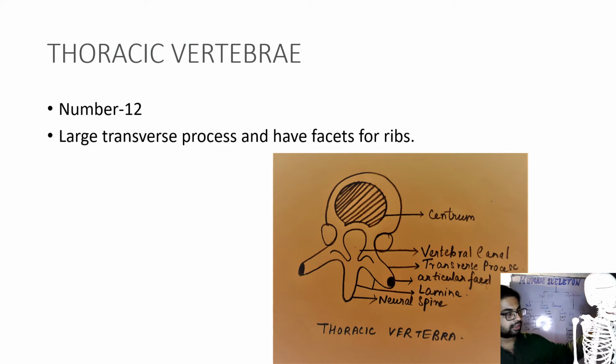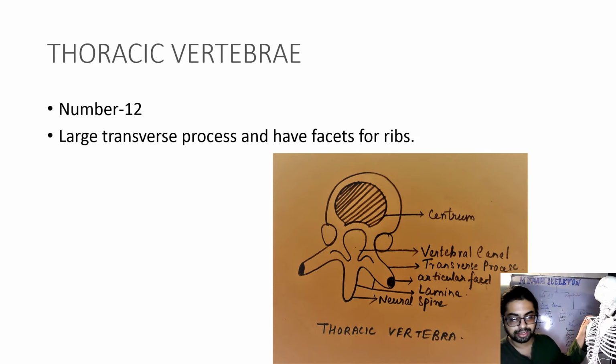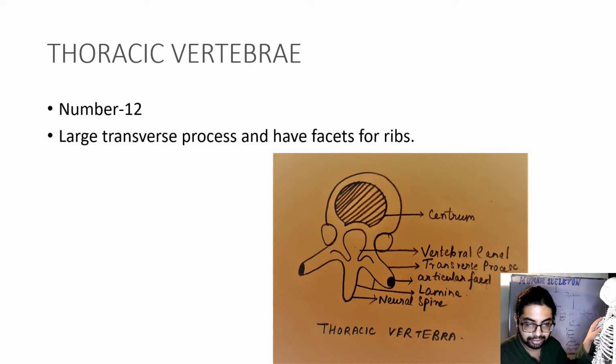Now thoracic vertebra. This covers the entire thoracic region. It is 12 in number. It has a large transverse process. There are different processes for individual vertebrae. If this is a vertebra you see, I have shown in the diagram. These two are the transverse processes and this is the spinous process.